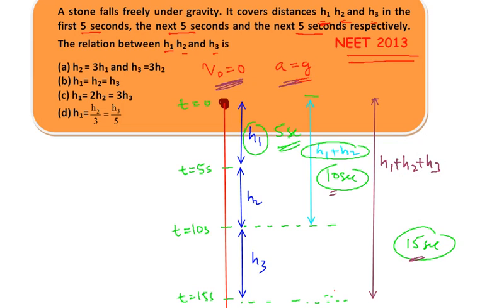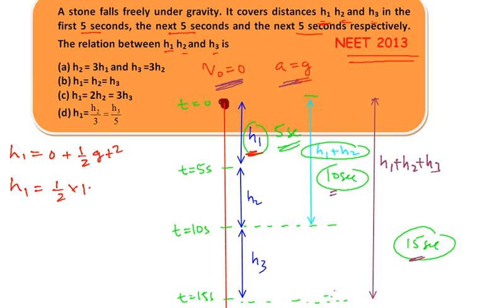Let's write an expression for displacement in 5 seconds. Displacement in 5 seconds is equal to h1. Therefore h1 equals V naught t, where V naught is 0, plus half g t square. Let's consider g, the acceleration due to gravity, as 10.